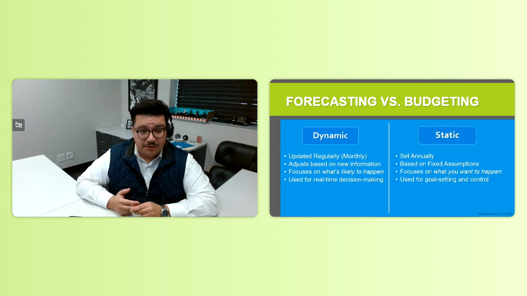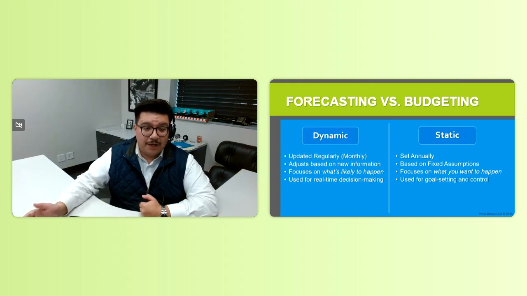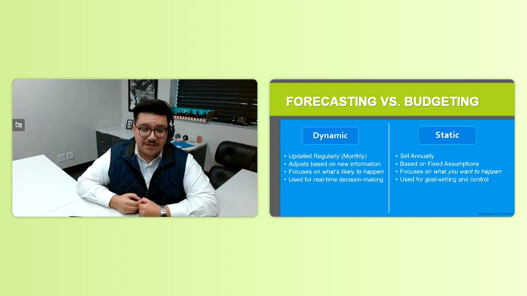Additionally, you're really focusing on what is likely to happen within the next couple of months. You're trying to see where the business is going to be in the next couple of months, what's likely going to happen, and it's used for real-time decision making. So you can say, hey, I'm here at the end of the month. I want to make these decisions based off of where I'm going to be going and where I'm currently at.